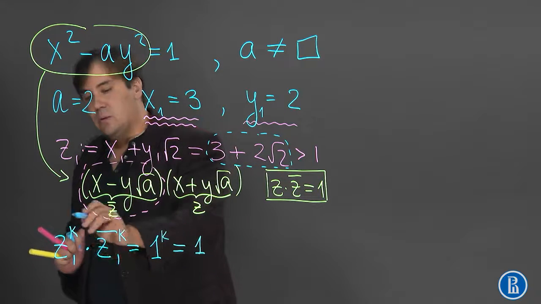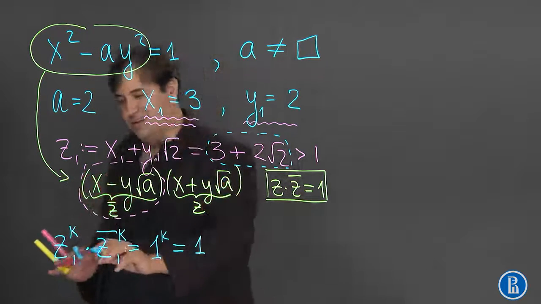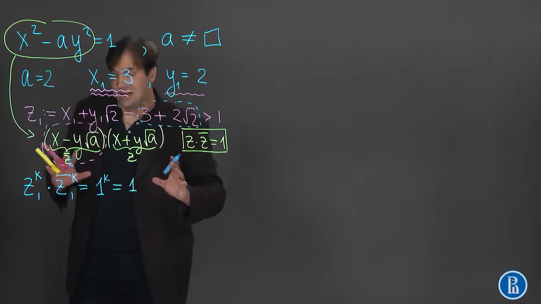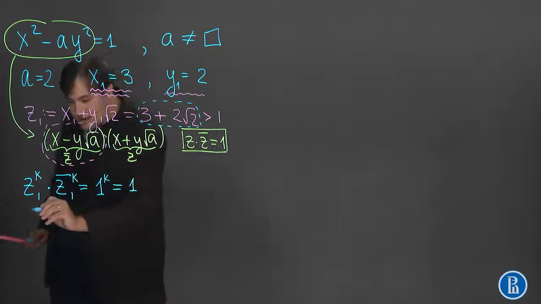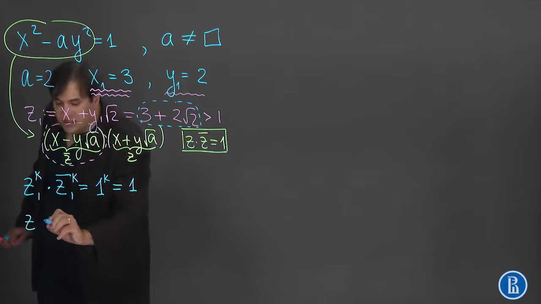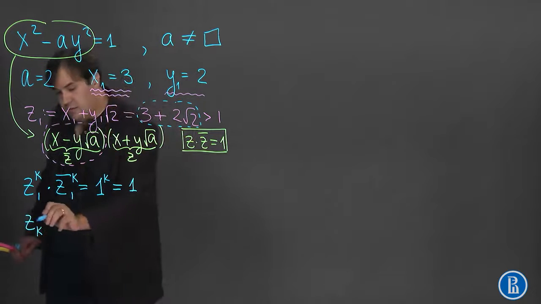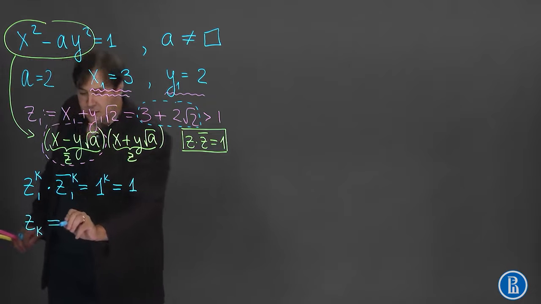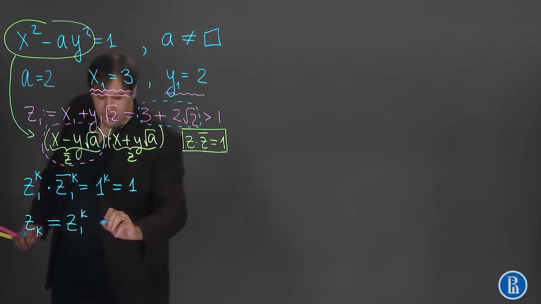And z1 to the power of k is not z1, it's another number, another quadratic irrationality, which we will denote by zk. So z with number k is z1 to the power of k.